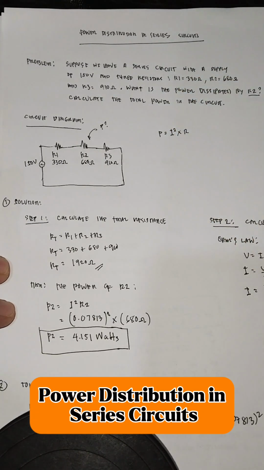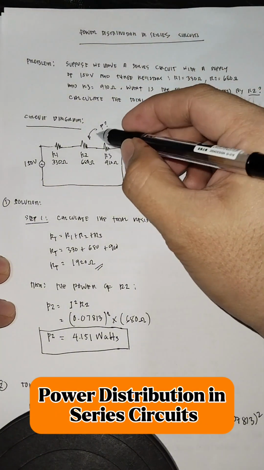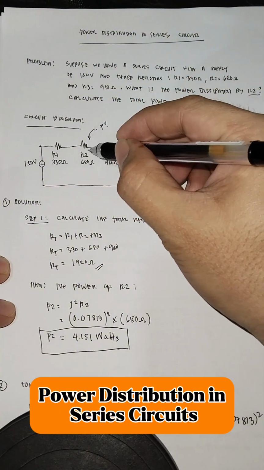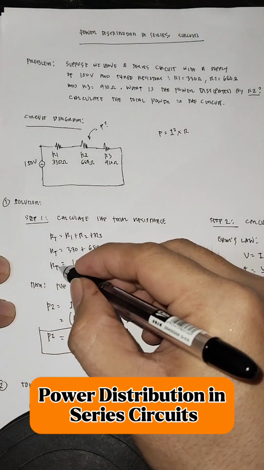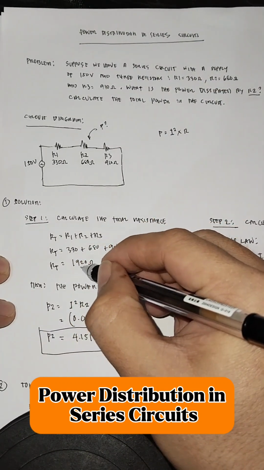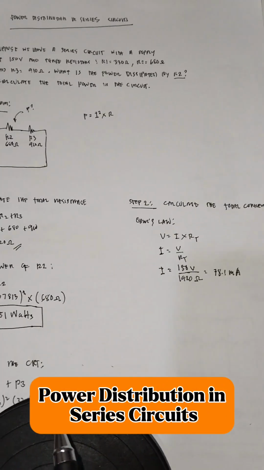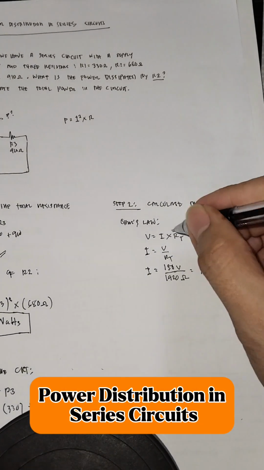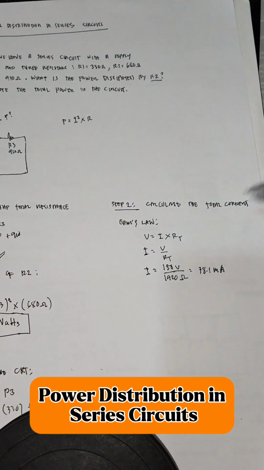So to calculate the power on the R2 resistor, we need first to calculate the total resistance. We have 1920, and we need first to solve the current of this circuit.